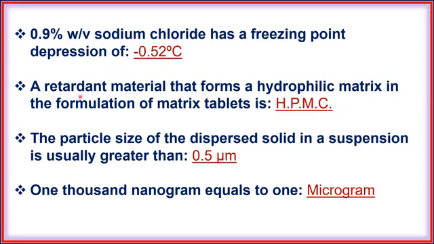Next, a retardant material that forms a hydrophilic matrix in the formulation of matrix tablets is HPMC. Next, the particle size of the dispersed solid in a suspension is usually greater than 0.5 micrometer. Next, 1000 nanogram equals 1 microgram.